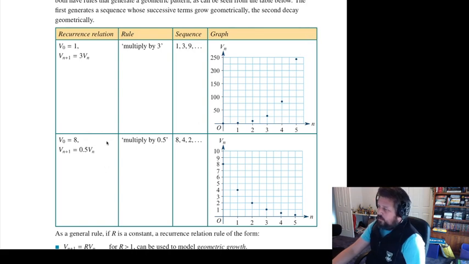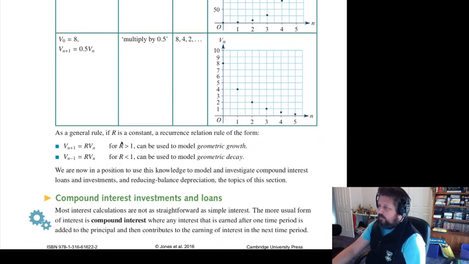Here, where you're multiplying by a value between 0 and 1, so a fraction, it's going to be going down. I've also given you the heads up that if it's a negative value here, the graph is that seesaw type of thing, which they haven't spoken about yet. We'll look at it later on down the track. There are some general rules where r is a constant.